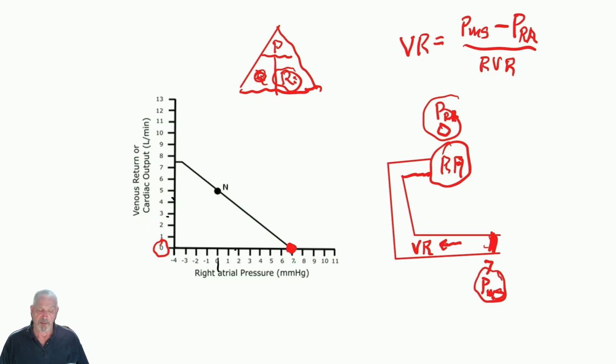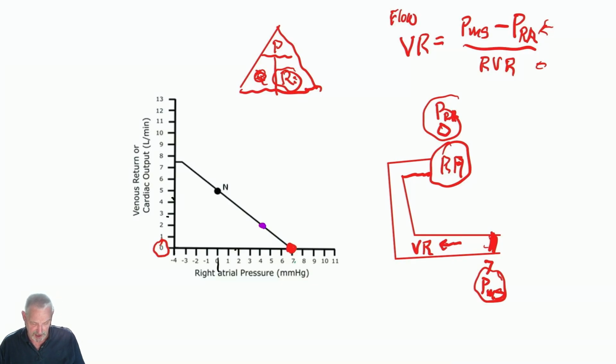Before we go further, this is a flow that we're looking at here, and it's a pressure drop divided by a resistance. So let's take a look at the pressure drop relative to the venous return curve. Let's start by putting a right atrial pressure of about 4.